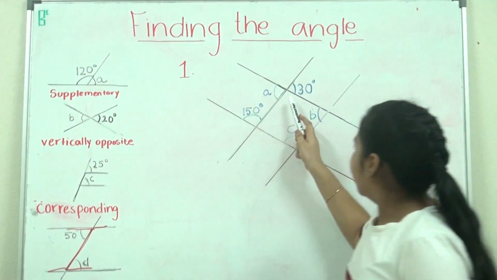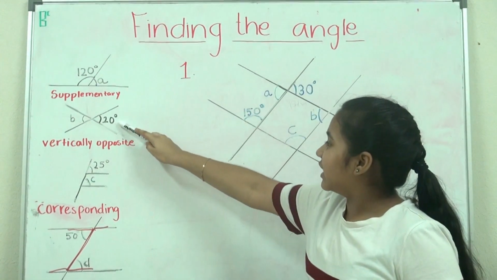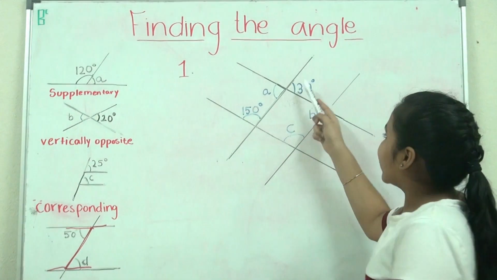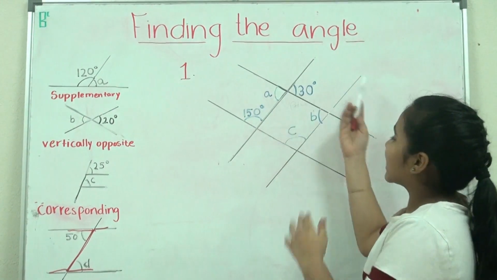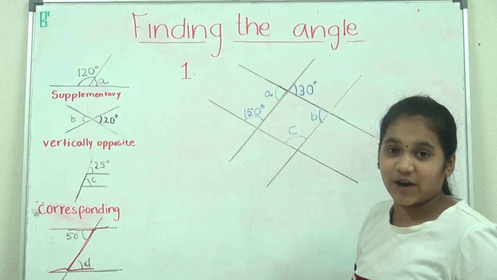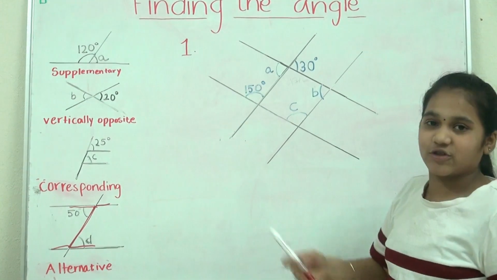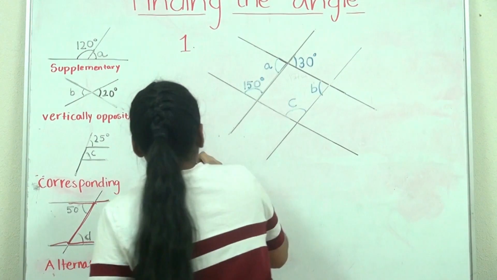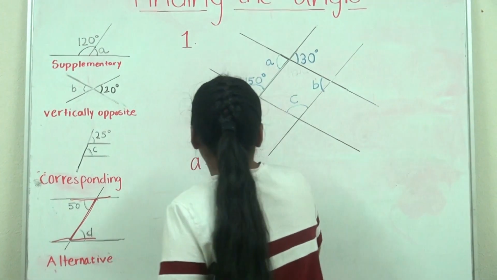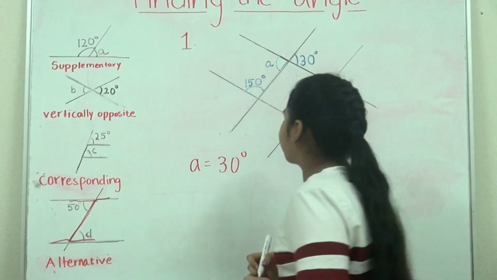We have been given 30 degrees, and this angle is exactly opposite, so it would also be 30 degrees. So A is equal to 30 degrees.